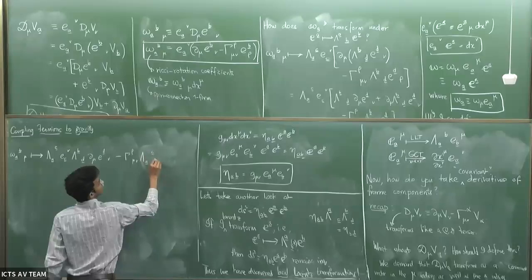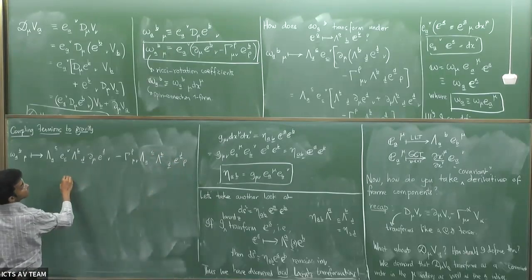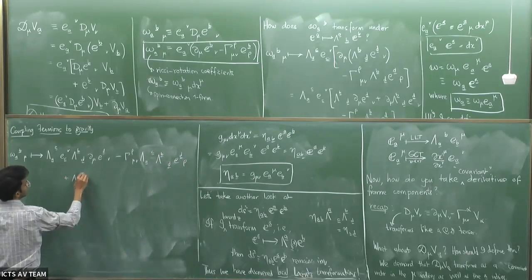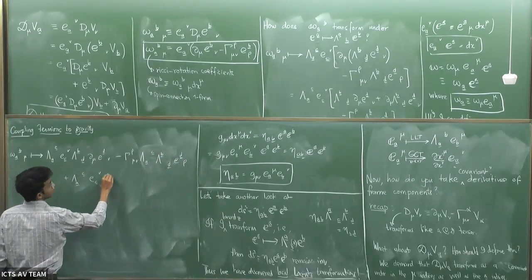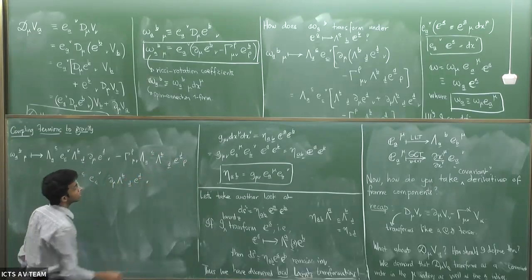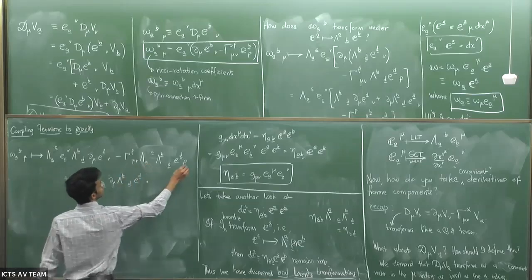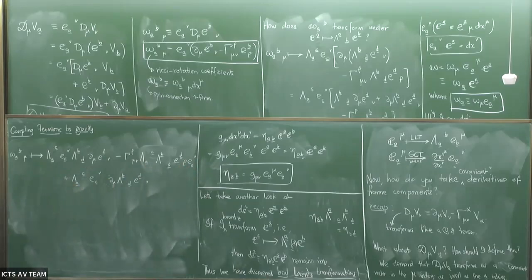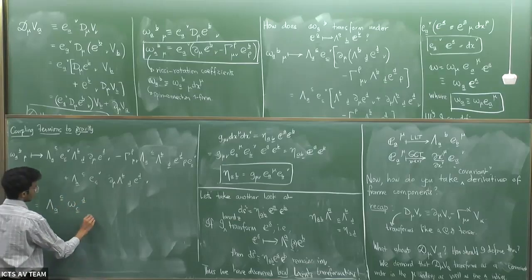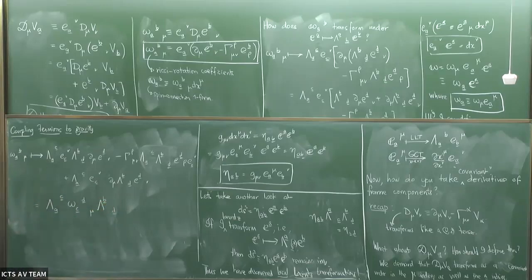There's a lambda A C, and then there's a lambda B D, and then there is the del mu lambda term, which is plus lambda C E C mu, lambda B D E D. Now, the first line is really just lambda A C omega C D mu times lambda B D. Right?